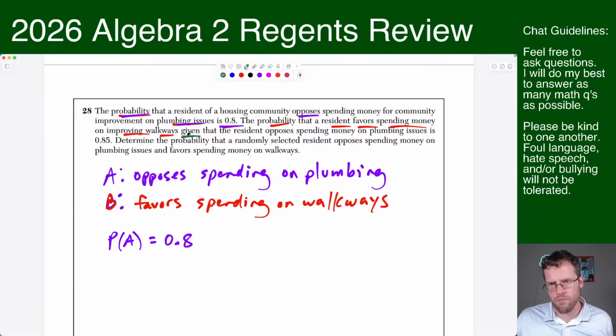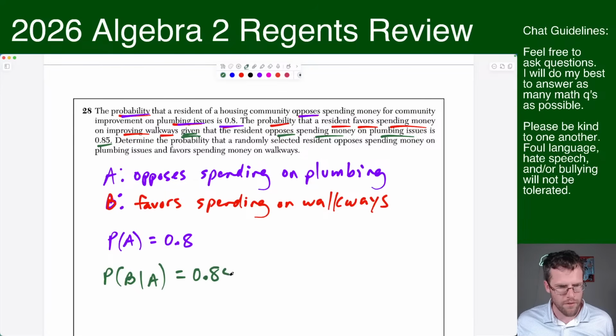So here's the conditional probability. Given that they oppose spending money on plumbing issues is 0.85. Sometimes you have to reread it more than once. So that's the probability of B, given that A occurs. So the probability of B given A is 0.85.